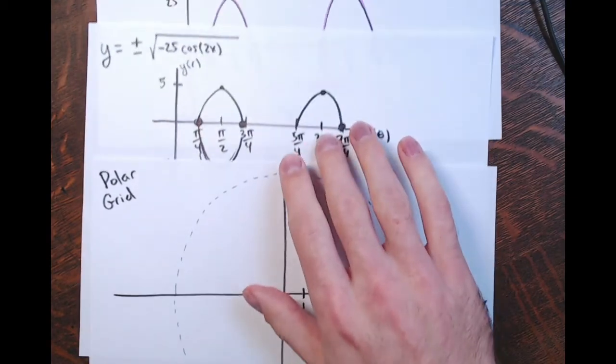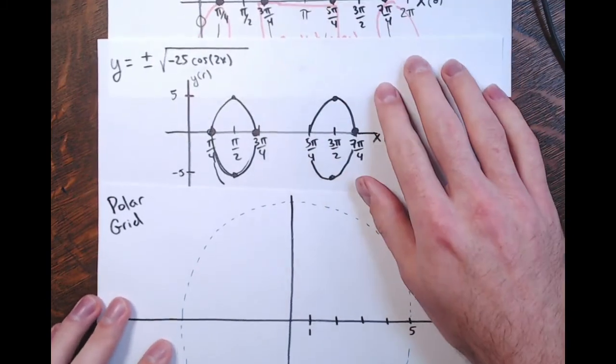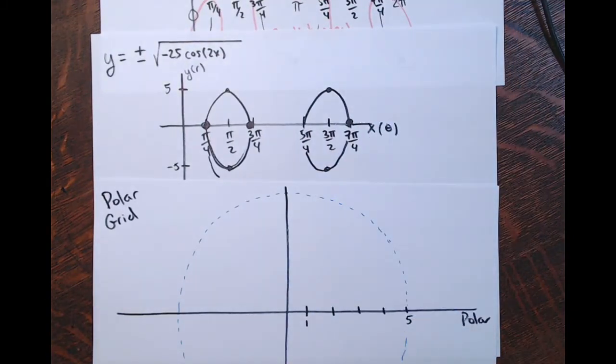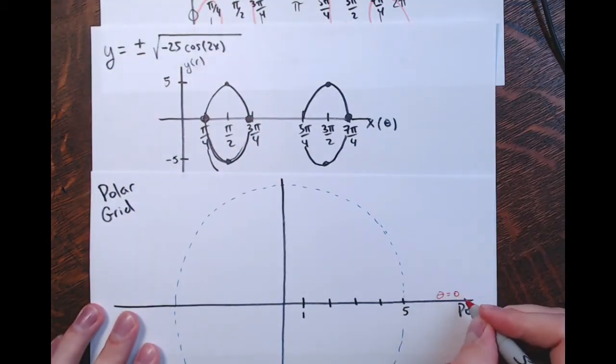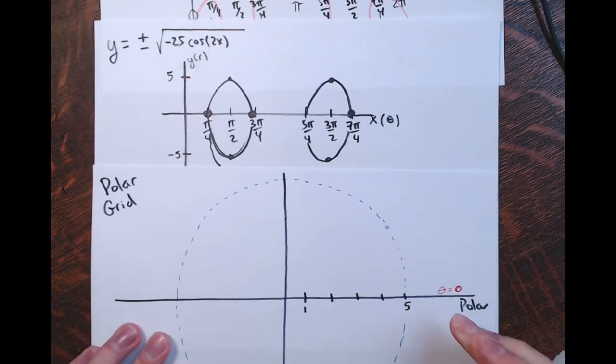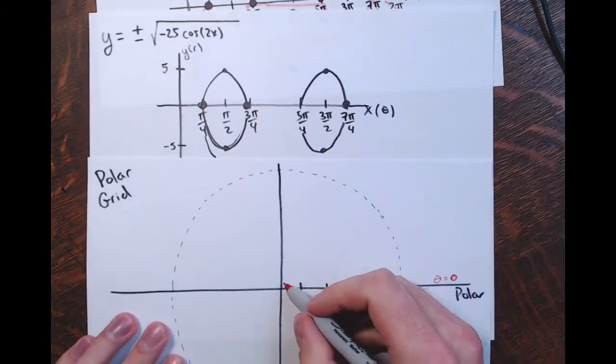And then I'll start putting in these special angles that showed up here, some lines that correspond to those. So back on this original graph, theta equals 0 corresponds to the positive polar axis. Then we had basically every pi over 4.